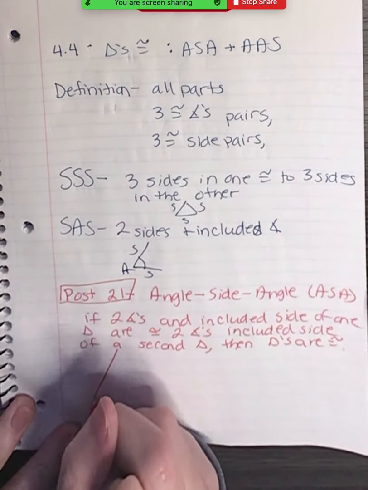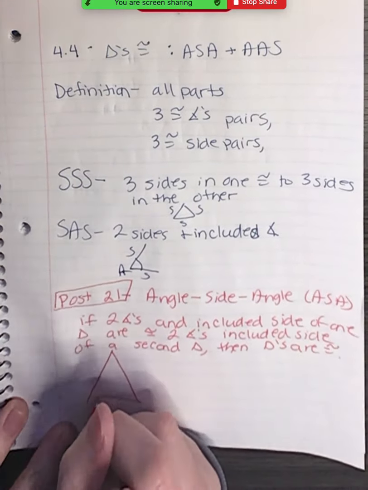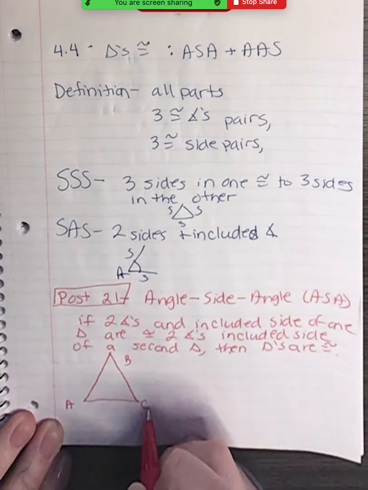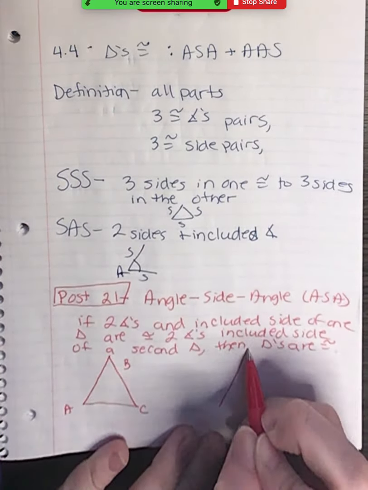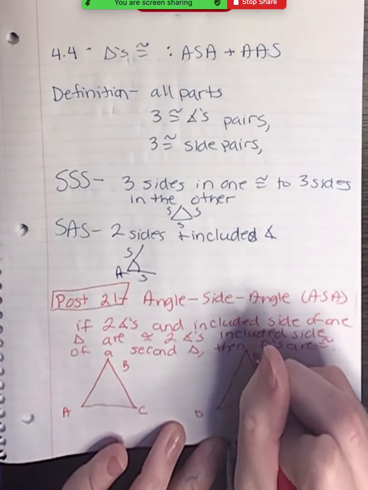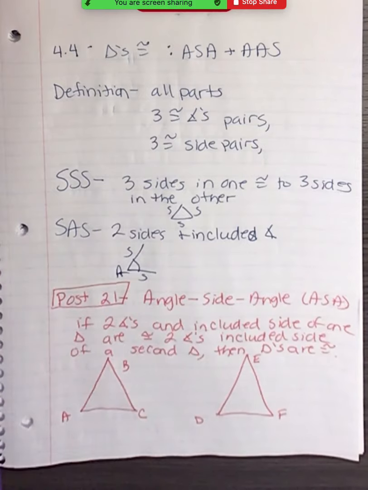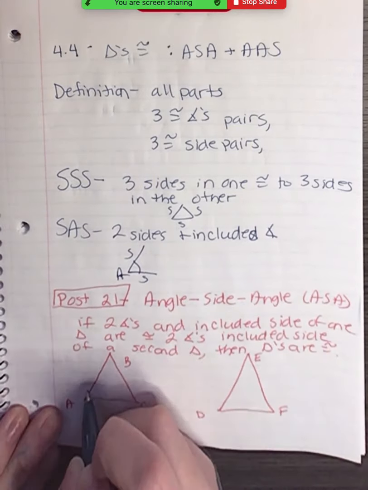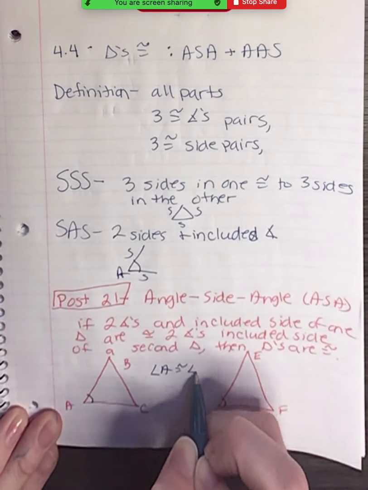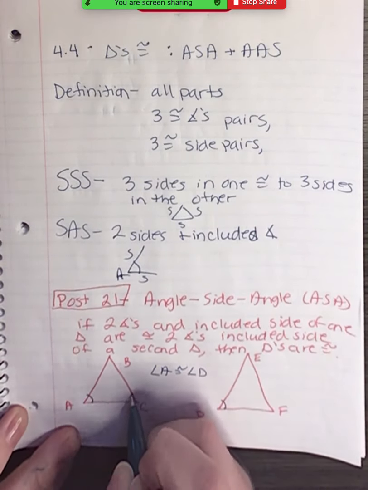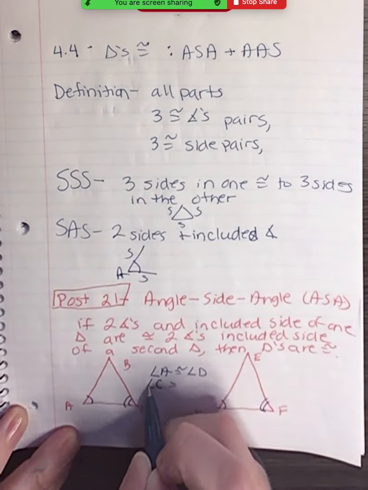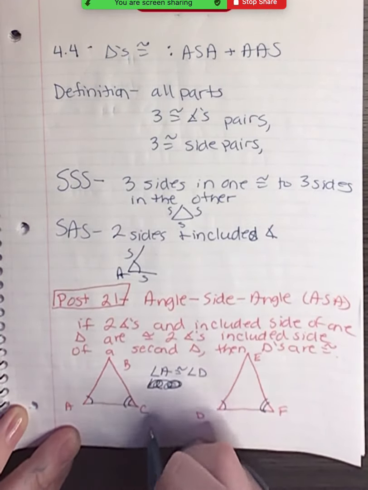All right, so you have one triangle here. We're going to call this triangle ABC. Second triangle here, call this triangle DEF. And it says 2 angles. So angle A is congruent to D. Angle C is congruent to F. Actually, let me write it down here.